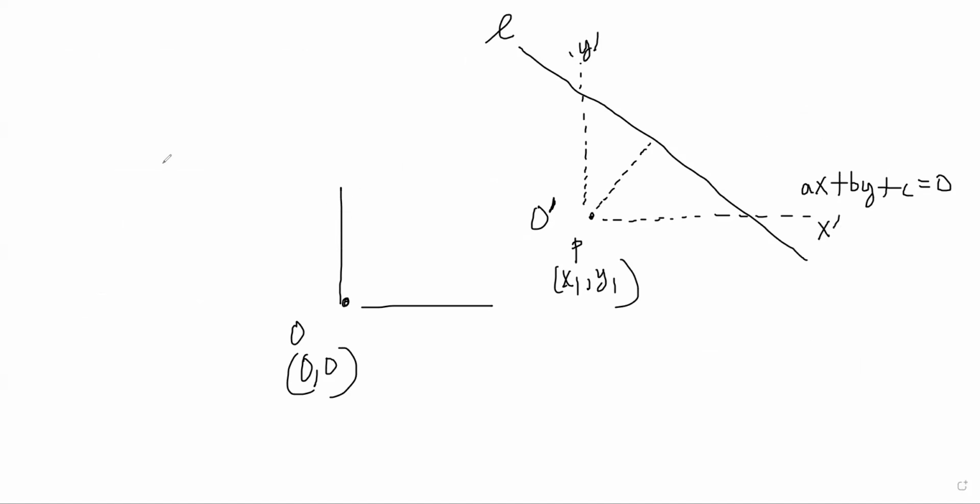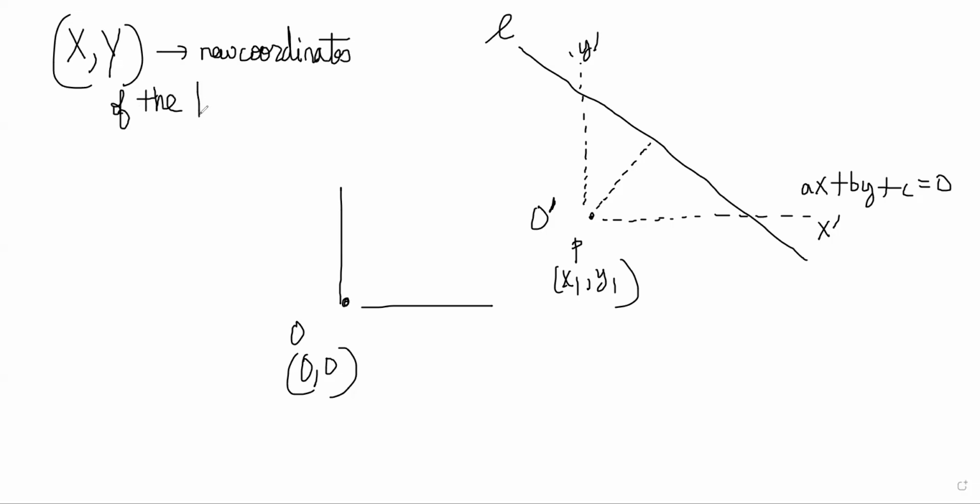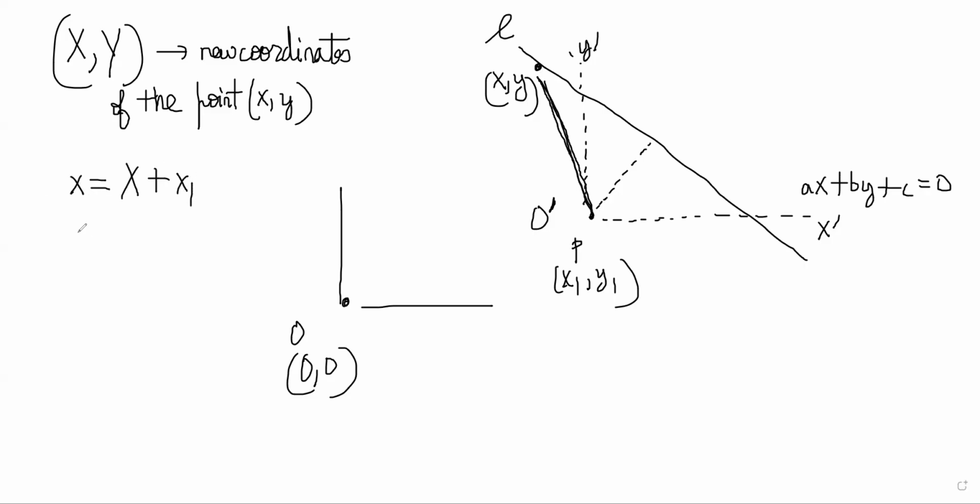So in order to shift the origin, let's say capital X and capital Y are the new coordinates of the same point x comma y. If there was a point x comma y on this line, this was measured with respect to the old origin, and now the same point is measured with the new origin, which is capital X and capital Y. You should realize that you can write a relation x is equal to capital X plus x1 and y is equal to capital Y plus y1.